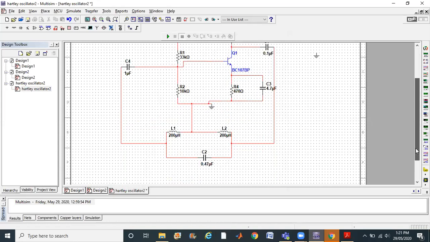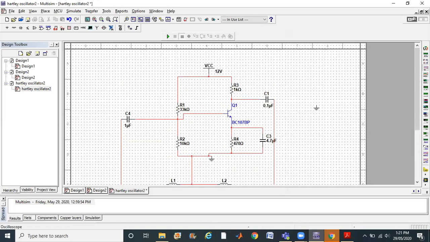Now I take out this oscilloscope and place it here. First I'll connect this to ground. I have taken channel A, and now I have to connect this to the output end. Maybe put this here.